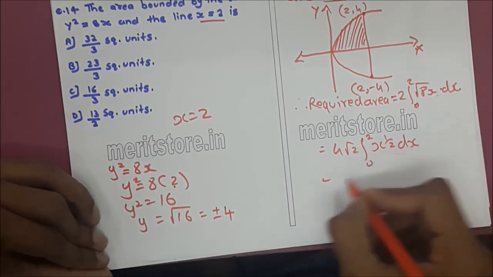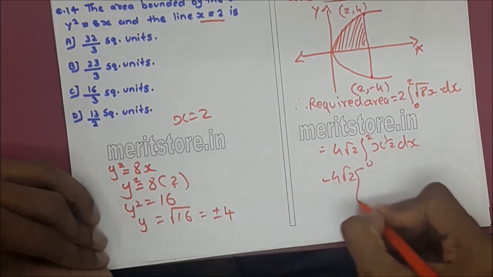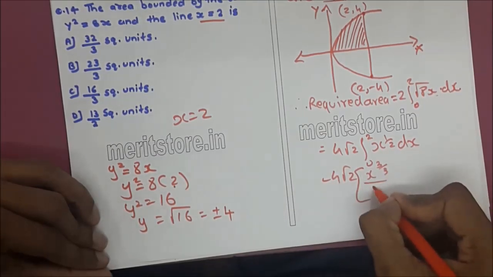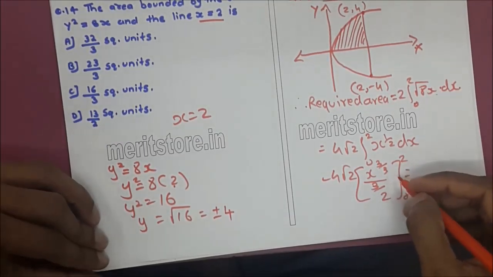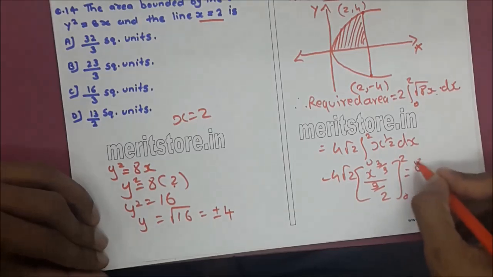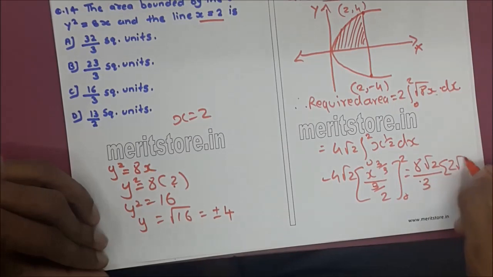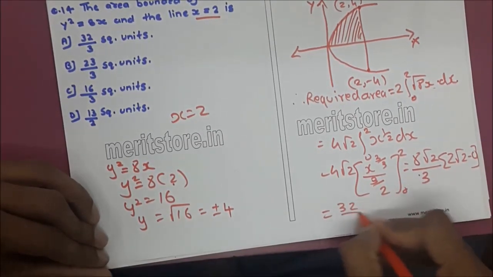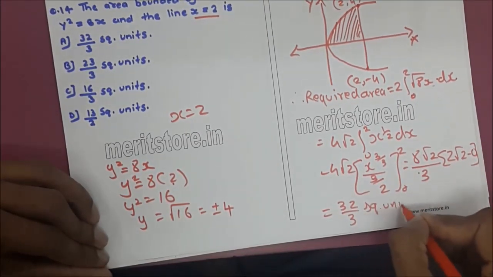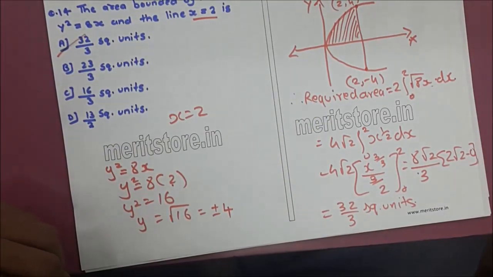Now taking the integration of x raised to half will give you 2 root 2 times x raised to 3 by 2 upon 3 by 2, with 0 to 2 as the limits. Substituting the points of x, we get 8 root 2 upon 3 into 2 root 2, that is nothing but 32 upon 3 square units. That is option A. Option A is the correct answer.